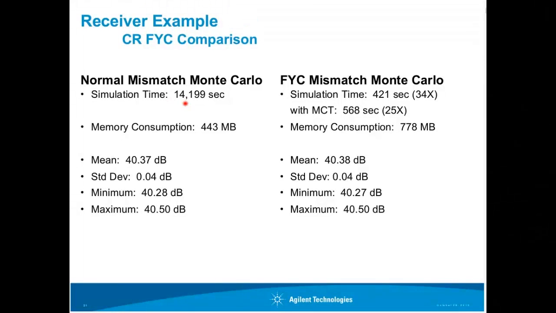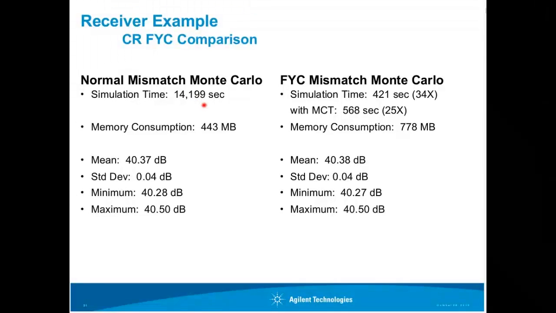That type of simulation time is actually quite short. Each run is only on the order of a few tens of seconds. For many of our customers' receivers, just a single run in the nominal case might take 10 minutes or something like that. So the numbers can get quite large here.